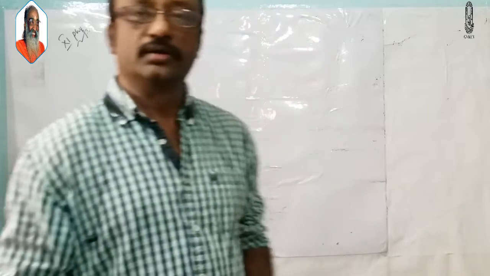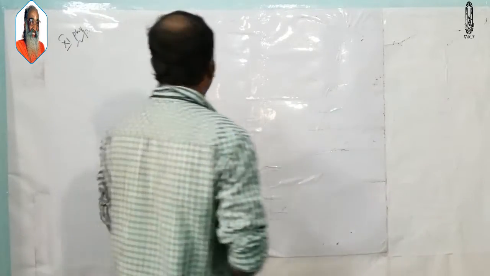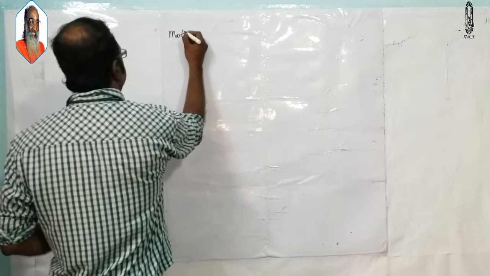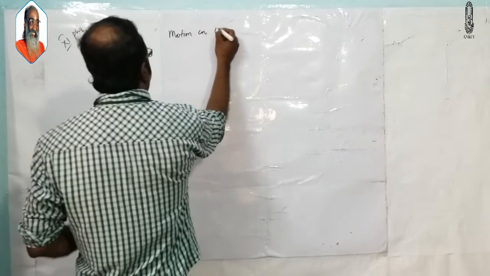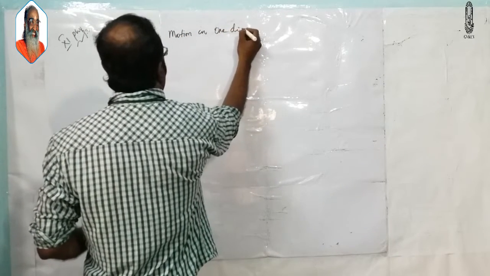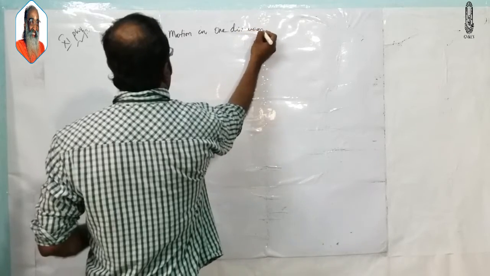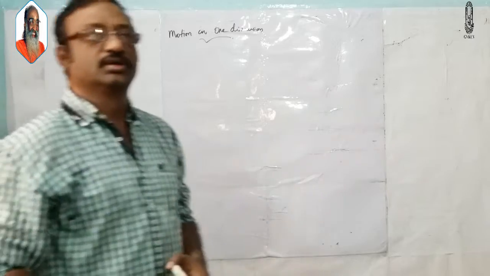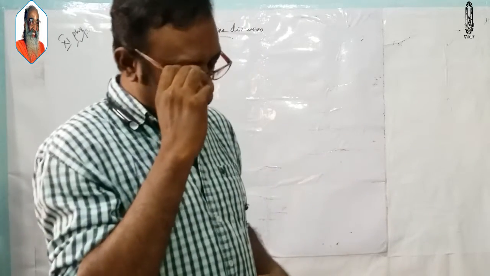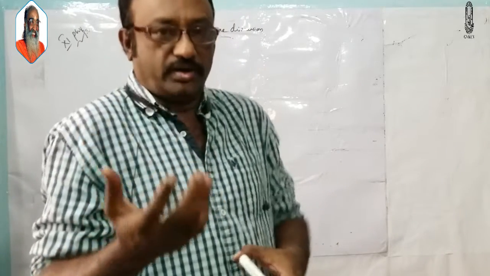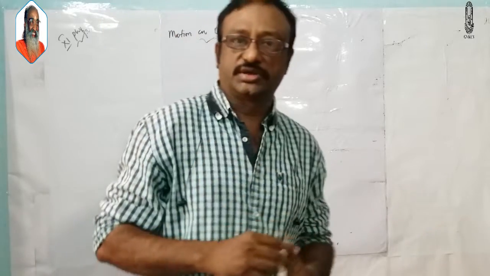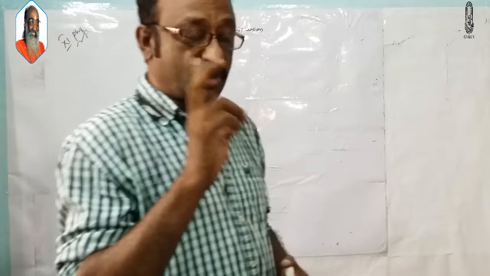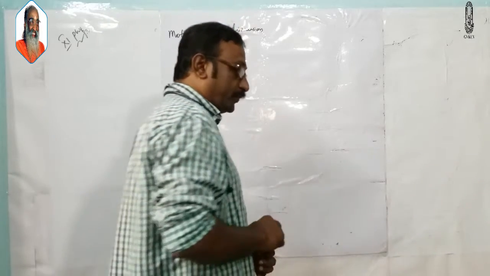Okay, we are in motion in one dimension. In that motion in one dimension, we already talked about distance and displacement, speed and velocity, and then we talked about average velocity. And in that average velocity especially, we talked about two important things there.